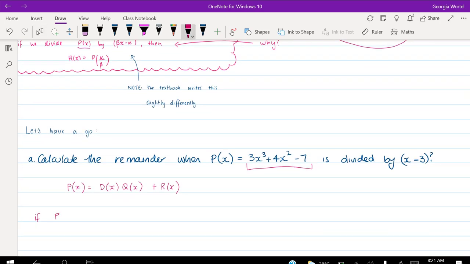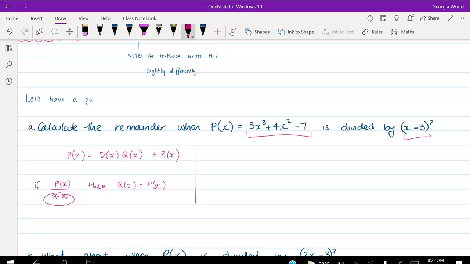So in this case, if P of x is divided by x minus alpha, then our remainder is going to equal P of alpha. We're dividing by x minus 3. Now that's in the same format as x minus alpha. So using this theorem, my alpha is equal to 3.